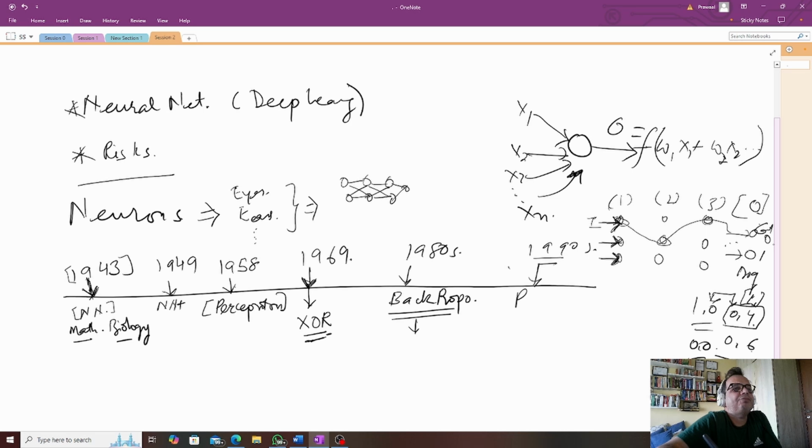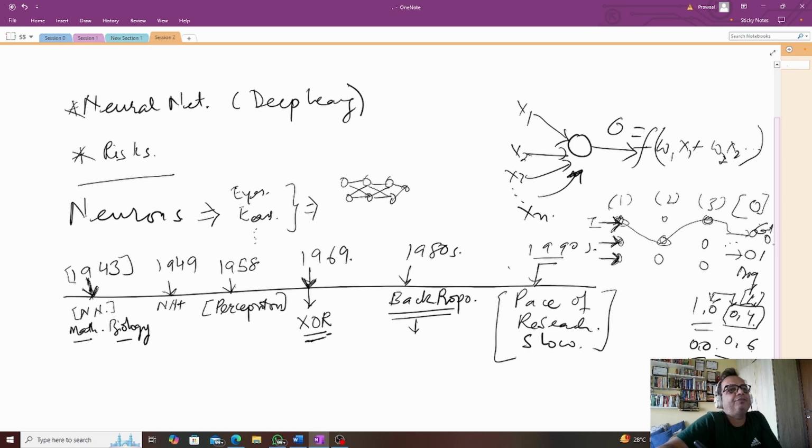Maybe I'll pick that up later, but by the 1990s, the pace of research on neural networks slowed down. Why? Because neural networks were very compute hungry. They needed a lot of fancy hardware and big machines, which only very few companies in the world could afford back then.